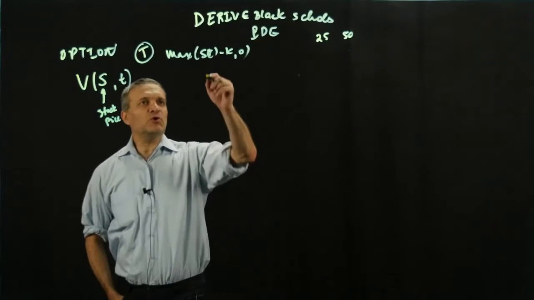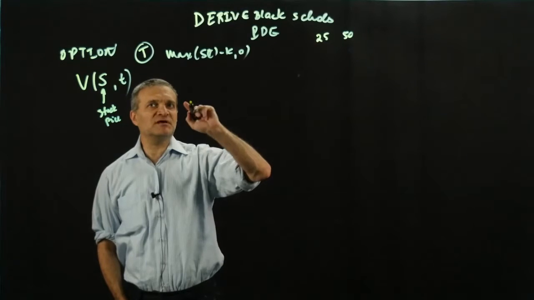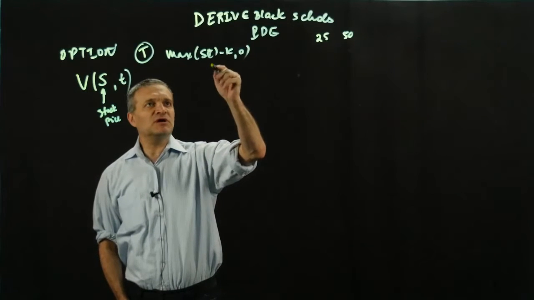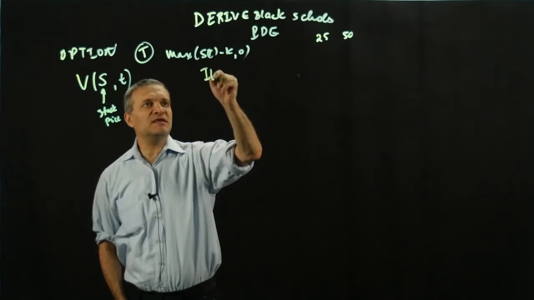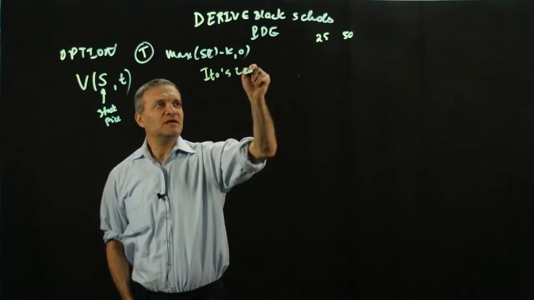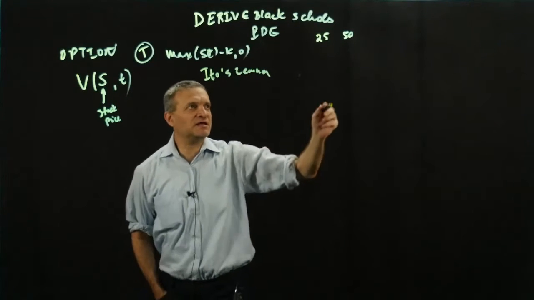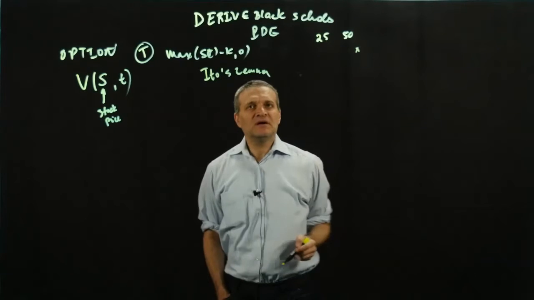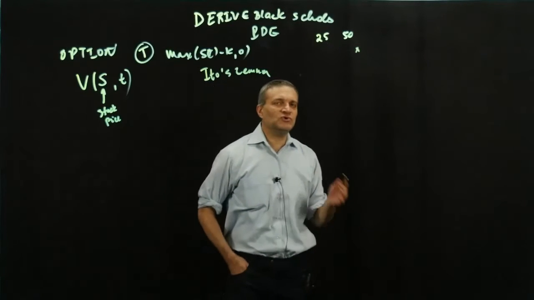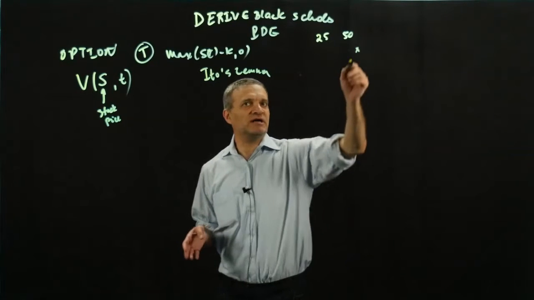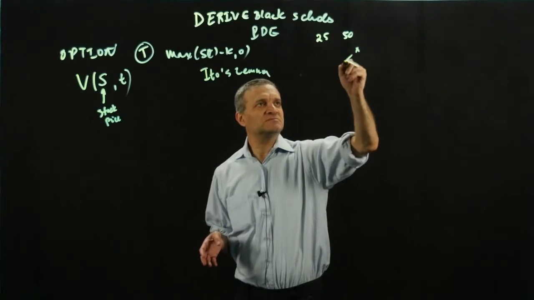The first thing we want to do is to use Ito's lemma. The idea is that if we know the price at the end, we can do a kind of backward induction. You did it with trees.